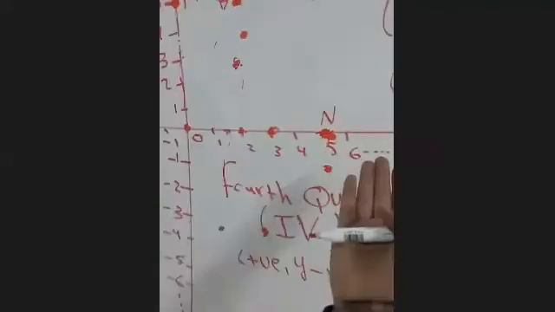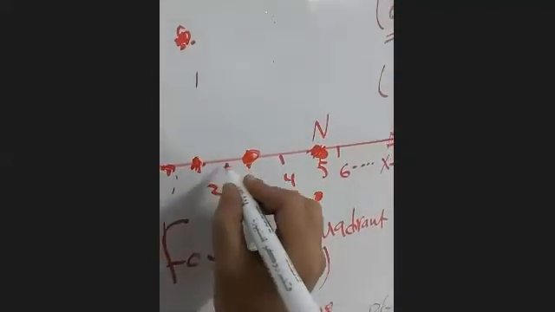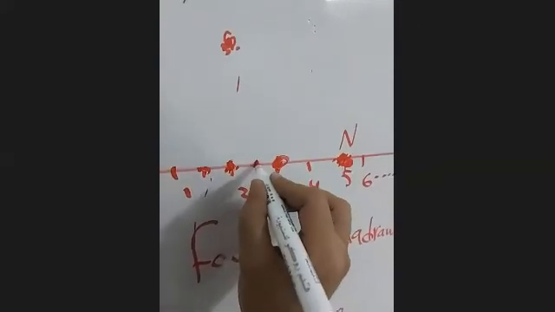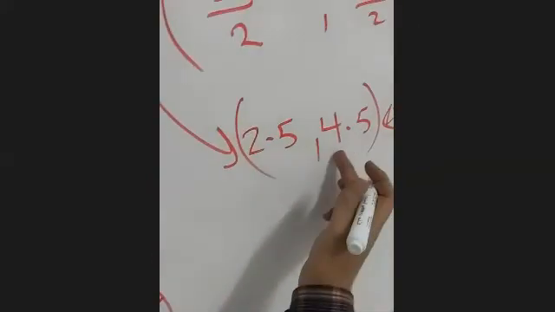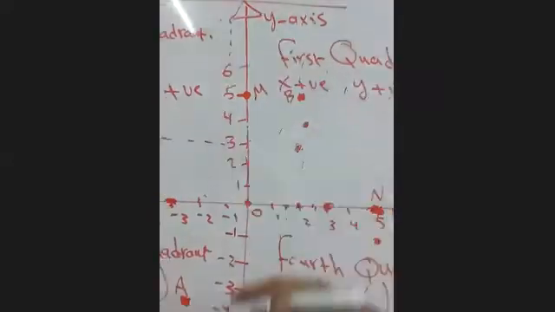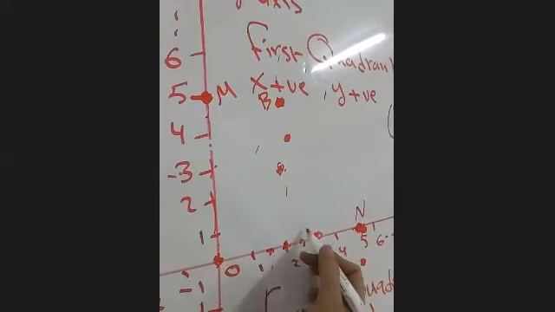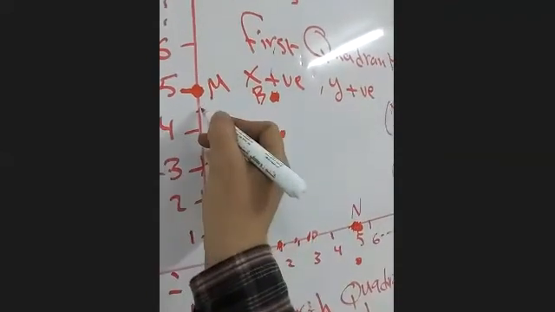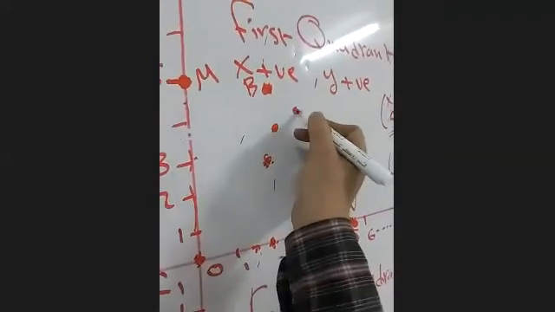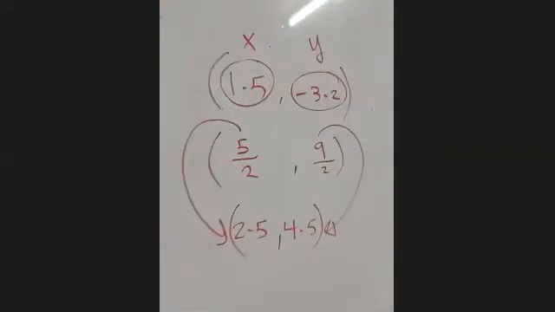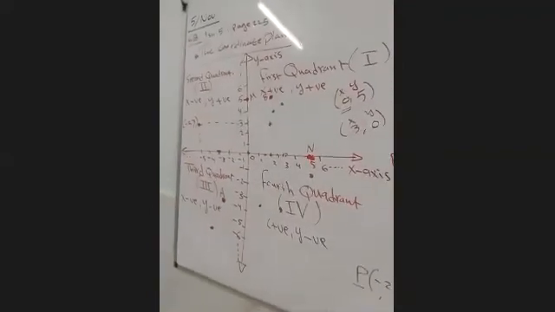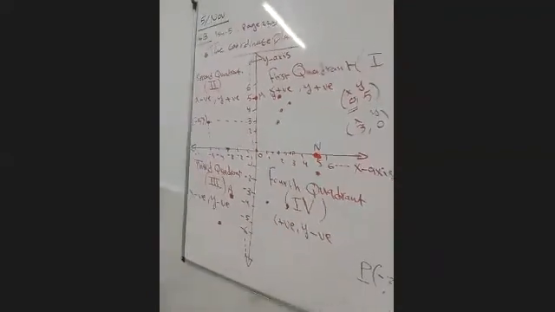Then you go to your coordinate plane. 2.5 is between 2 and 3. 4.5 on the y-axis is between 4 and 5. So I will go from 2.5 up until I get 4.5, then put my point. So if we have decimals, fractions, or integers, we can plot all the numbers, all the points.